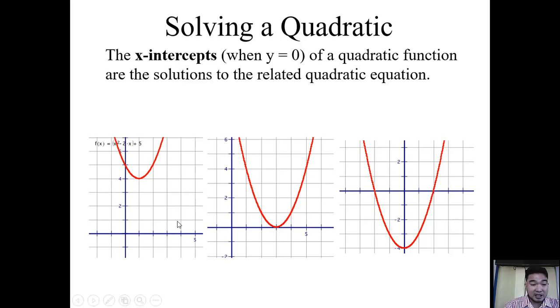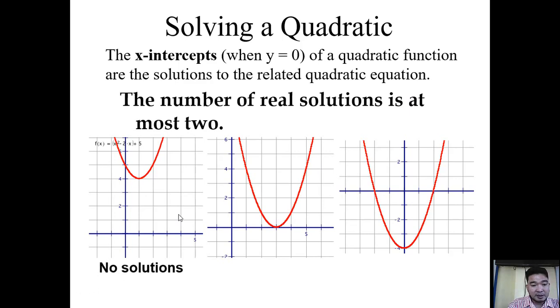So let's take a look at this example. As you can see, the equation here is x squared minus 2x plus 5. Definitely, upon observation, this parabola does not touch the x-axis of the Cartesian plane. So there is no solution here. We do not have an x-intercept.